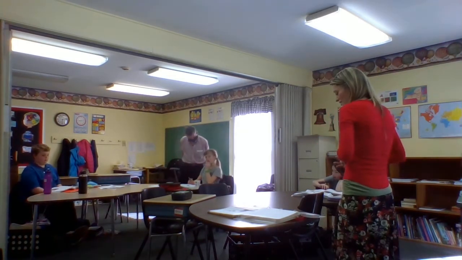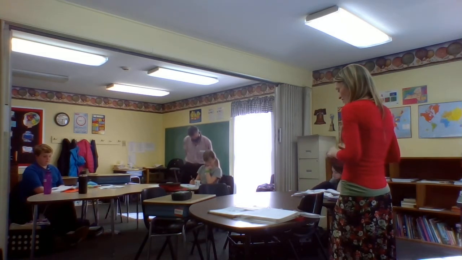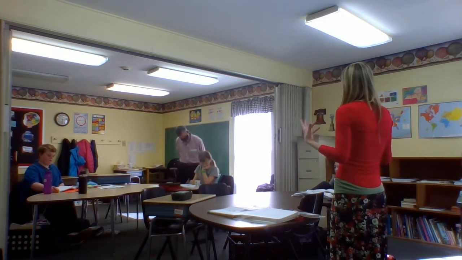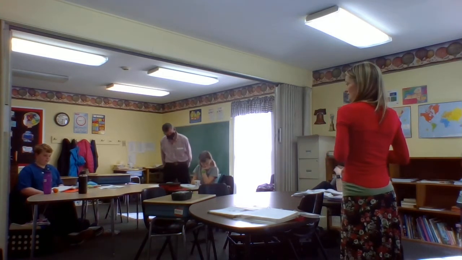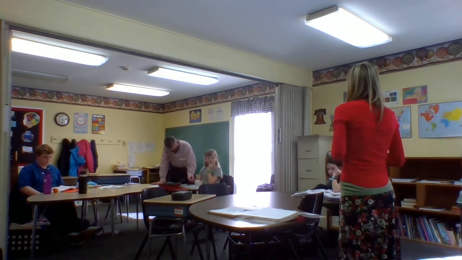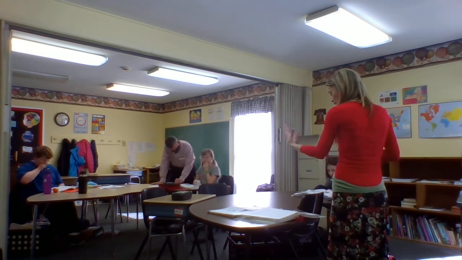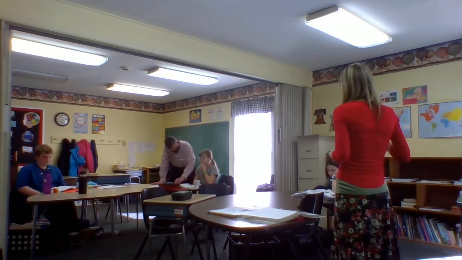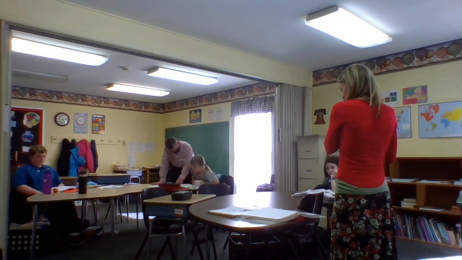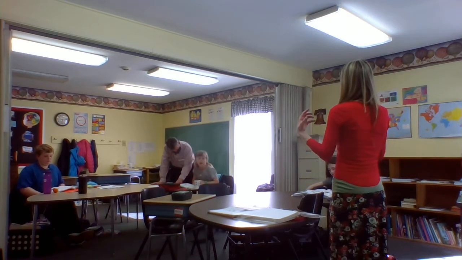So number 7, Newton's third law of motion says that for every force exerted, there is an equal force exerted back. The law of blank and blank. Anybody remember what those are? So for every action, there's an equal and opposite reaction.